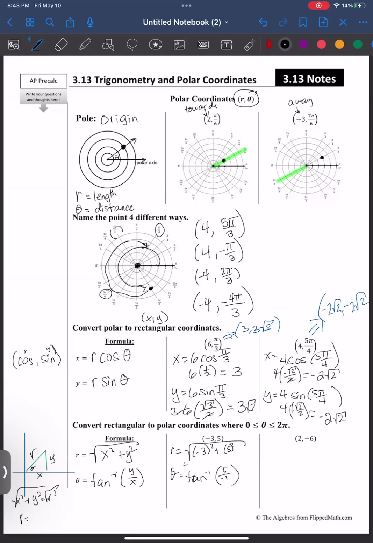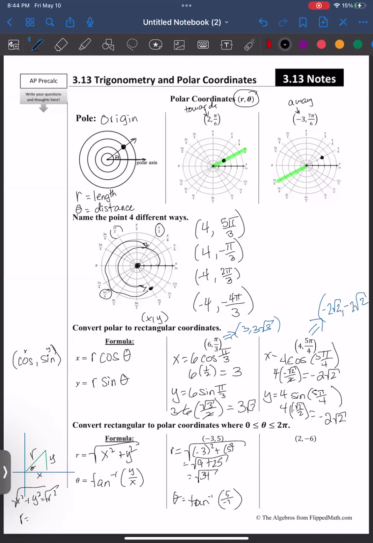Unless the values are very simple, this type of question would only occur with a calculator, because there's no way for you to do the inverse tangent without a calculator, unless it's a very obvious value. Okay, so I would have the square root of 9 plus 25, which is equal to the square root of 34. Not very nice looking, but what else can you do?